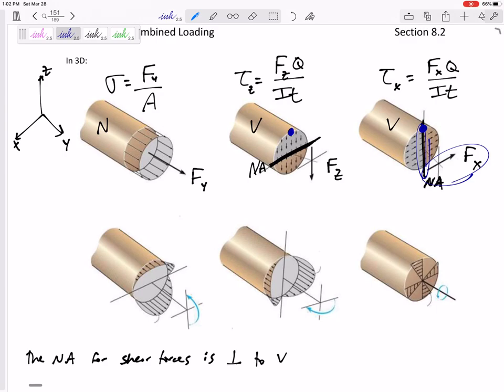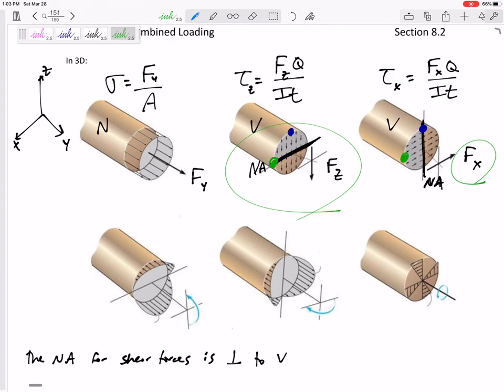All right, let's think about this green point right here. If I'm looking at the shear force right there, it's on the neutral axis. It has a large magnitude right there of VQ over IT. But for that same point, when I think about what the shear stress caused by the X shear force is, it'd be 0, right?